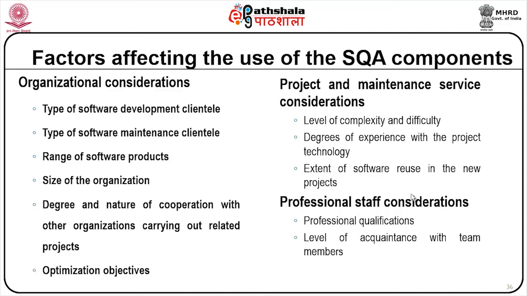Project and maintenance service considerations: level of complexity and difficulty, degrees of experience with the project technology, extent of software reuse in the new projects. Professional staff considerations: professional qualifications, level of acquaintance with team members.